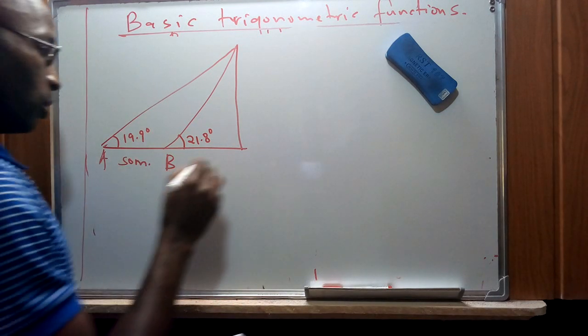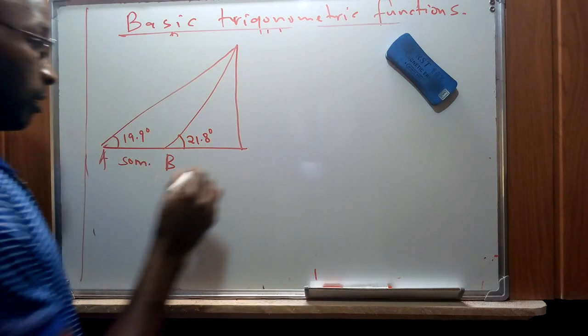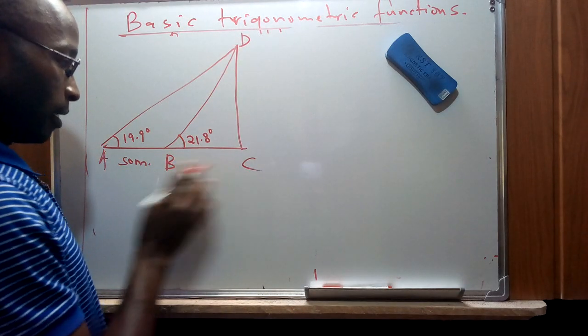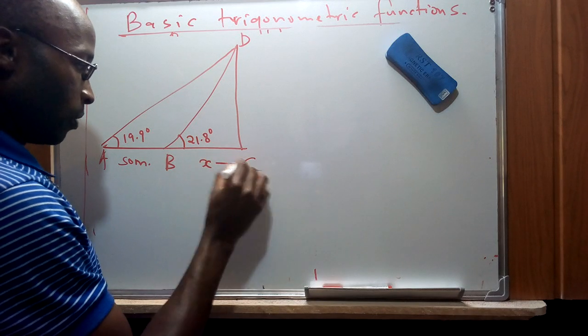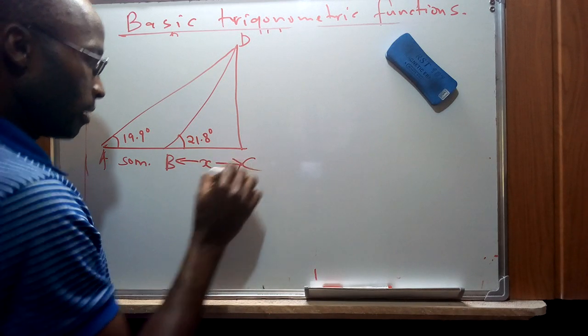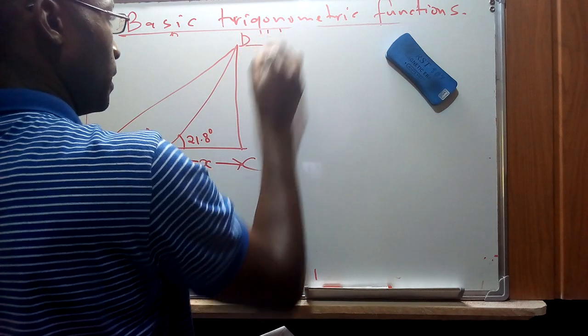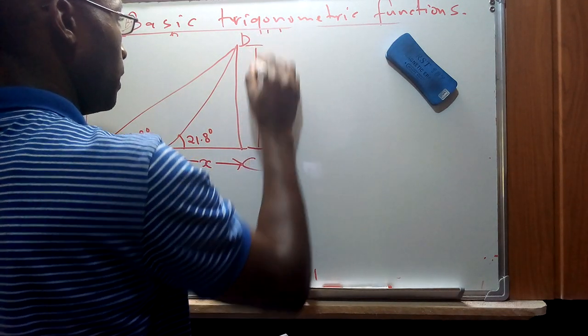Let's call the other points C and D. The distance between B and C is x, which means it's unknown, and the distance between C and D is y.